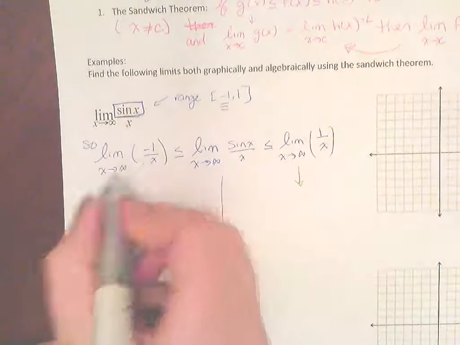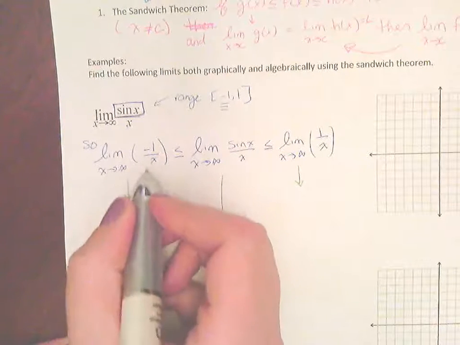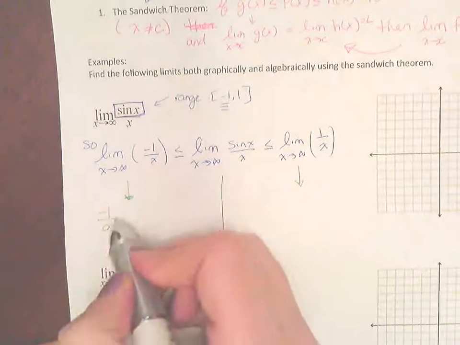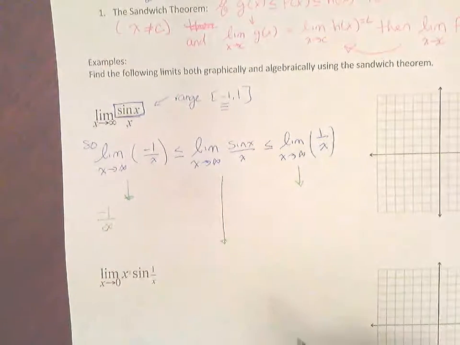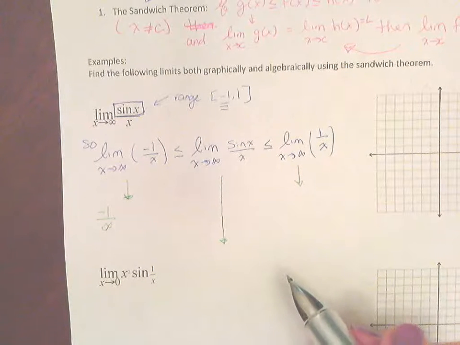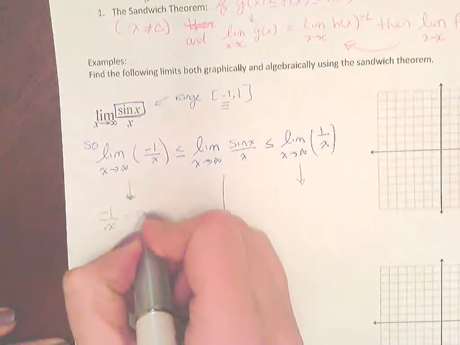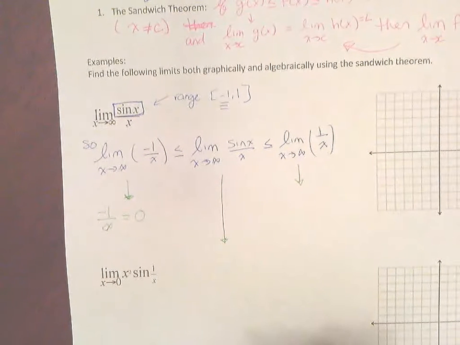So I'm going to plug in infinity for x. So -1 over infinity. Think of it this way: if you plug into the calculator -1 divided by 1,000 or -1 divided by 1,000,000, you're going to get an extremely small number. It's going to be so close to 0 but not 0. But that's the whole point of limits. Where is it approaching?